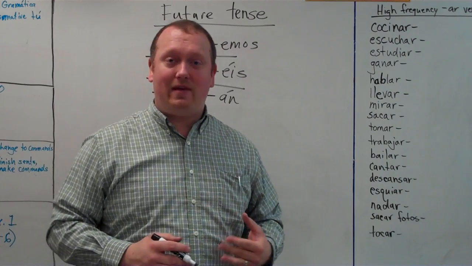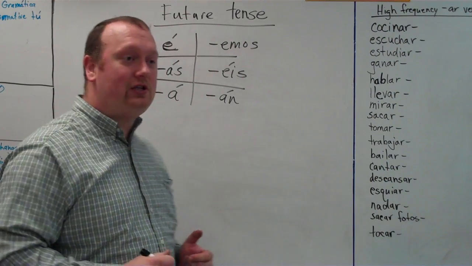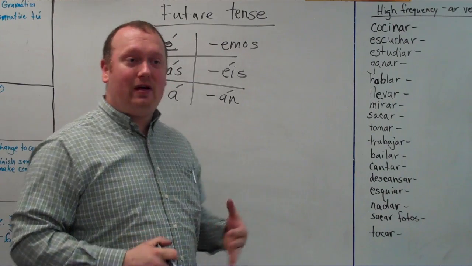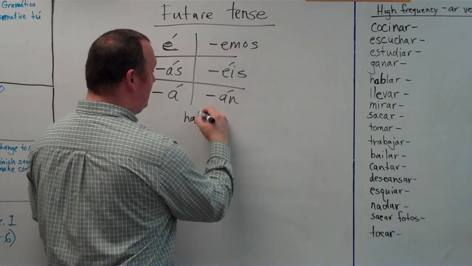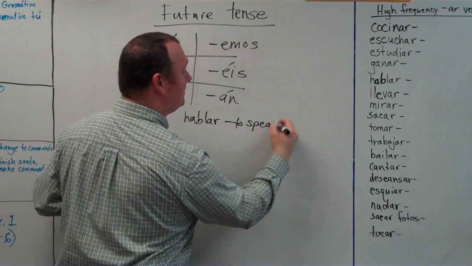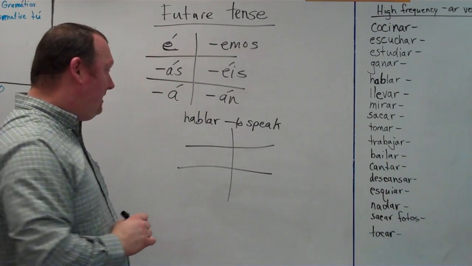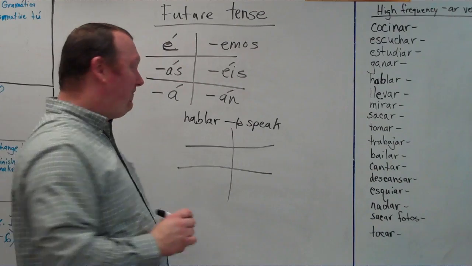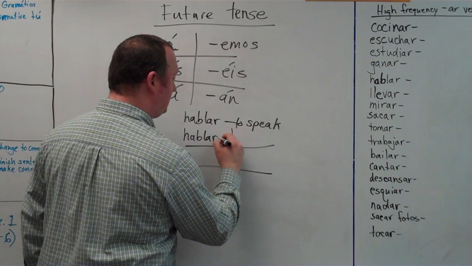But since we're talking about the future, that's kind of adding to the verb. So we're going to add the endings. So for example, if our verb was hablar, to speak, then we would do our chart and we would add the endings to the end of the infinitive. So the yo form would be hablaré.